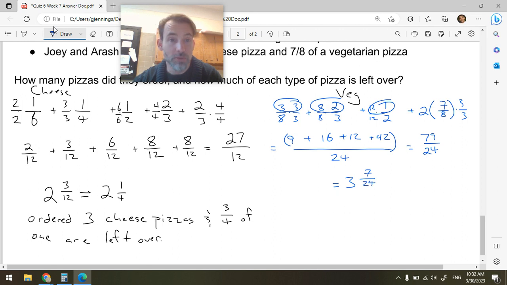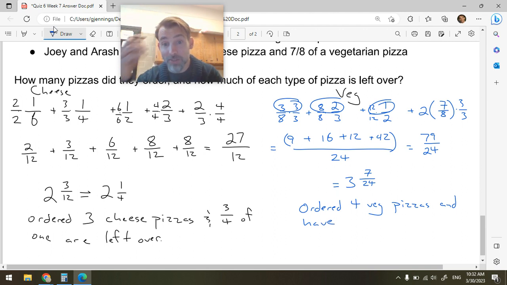Well, 7/24 doesn't reduce. So they ordered 4 veggie pizzas and, well, 24 minus 7 gives you 17. They have 17/24 of pizza left over.